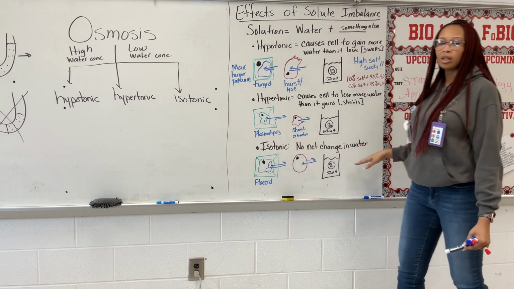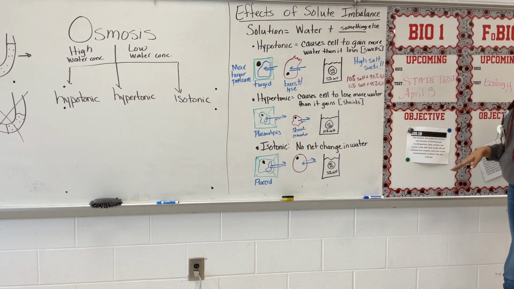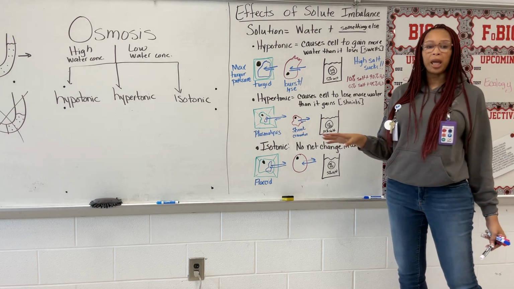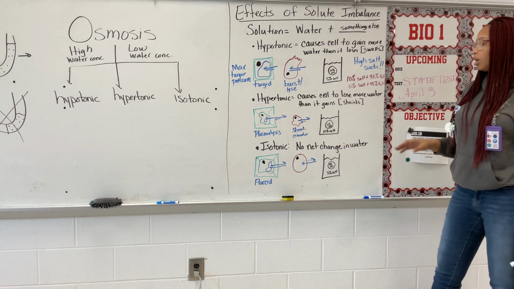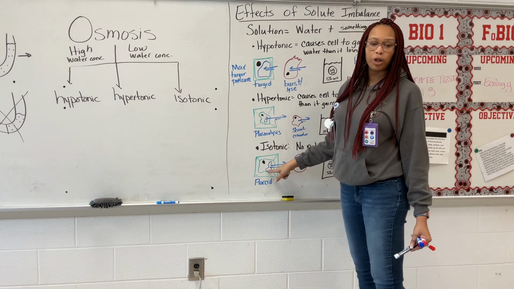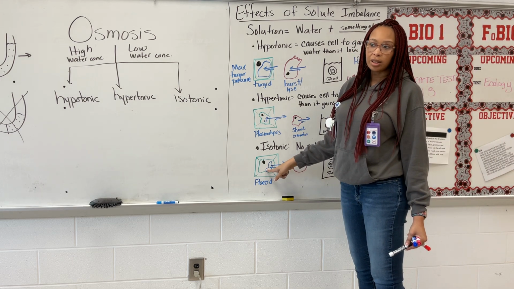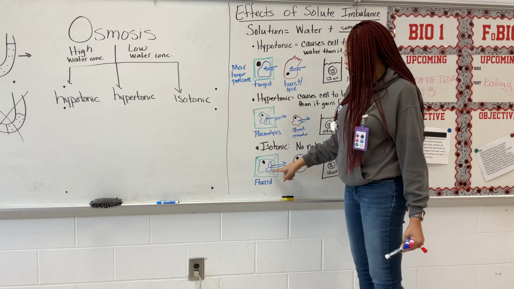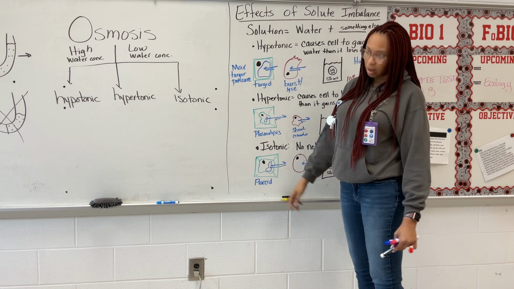An isotonic solution is one where there is no net gain of water. Water is going in and out the membrane at the same rate, so there's going to be no change in the size of the cell. But the problem is, in plant cells, they need that extra pressure, because if the vacuole is not receiving water constantly, it is not exerting maximum turgor pressure. So even though the cell isn't dying, it's going to be a drooping cell.